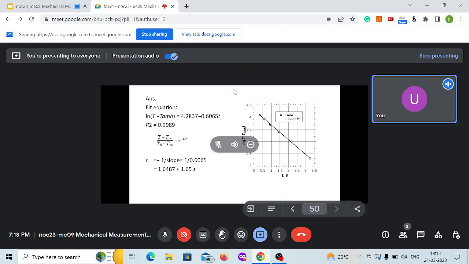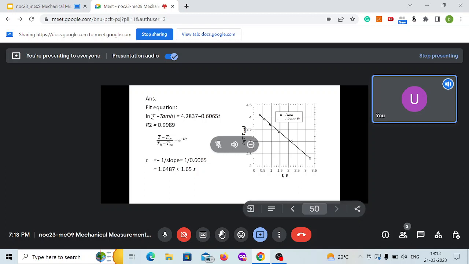It will come out to be summation of yi equals a summation of xi plus b n, and the other will be summation of xi yi and so on. You can solve it simultaneously, or from the lectures you will know you can have a relation for a and b. Using that we can find the constants.